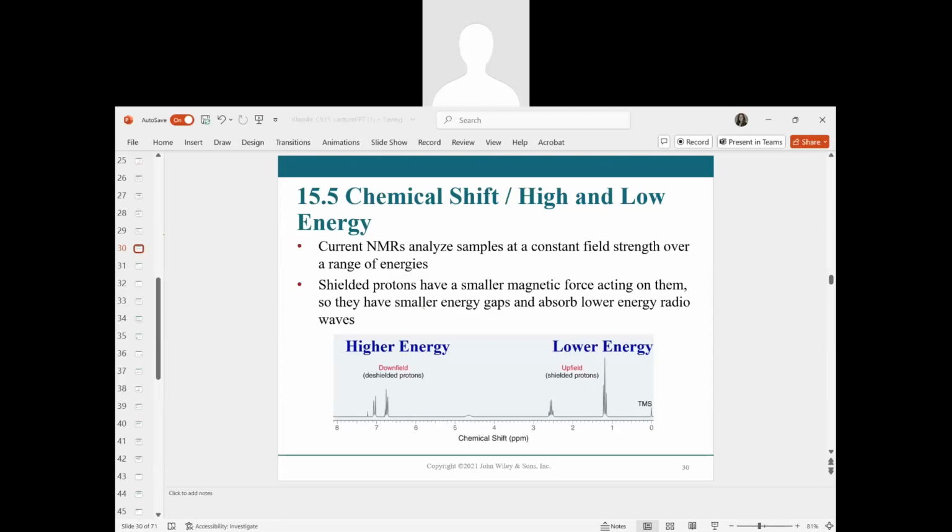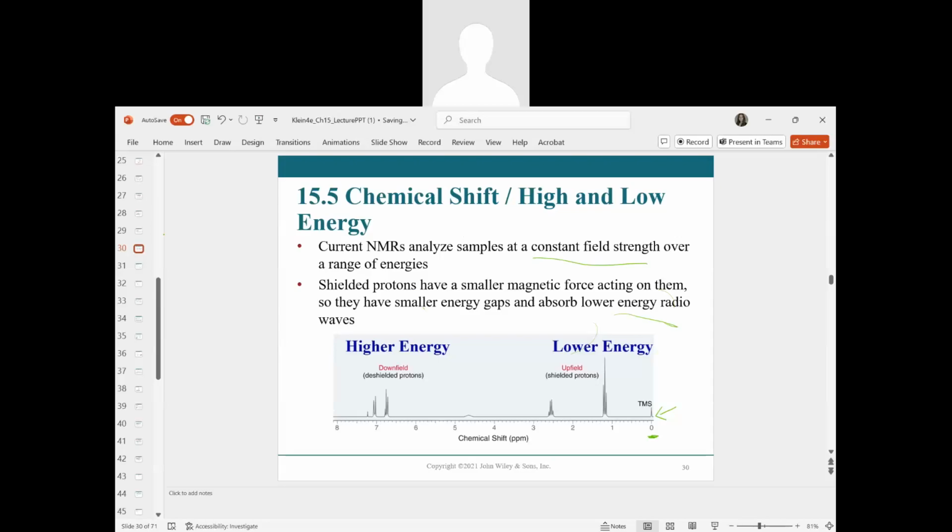So now, utilizing the current strategy for NMR analysis, a constant field strength is applied over a range of energies, and we generate this type of spectrum shown below, where we have our TMS here at our 0 mark.